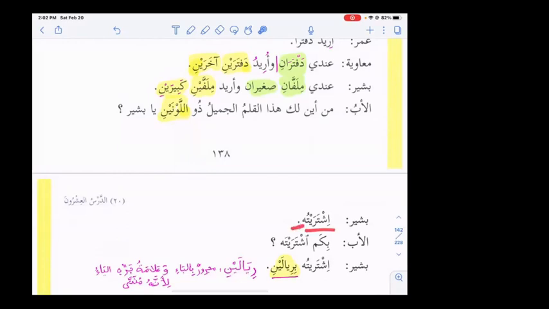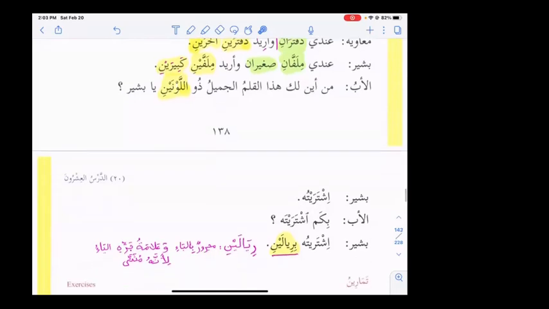It goes to the pen. I bought it. For how much did you buy it? Ishtarayta. Ta is you. Who is the pen? Answer is ishtaraytuhu. I bought it.